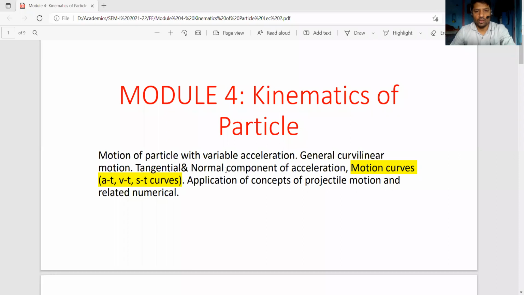So give the heading in your notebook: motion curves.